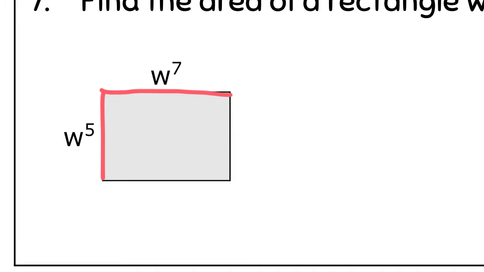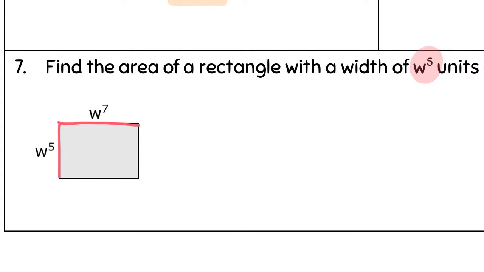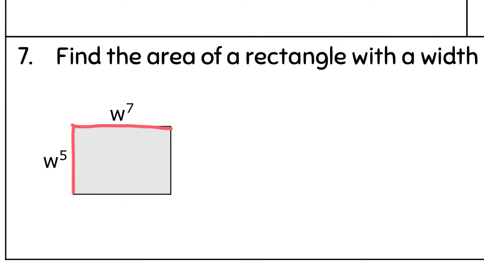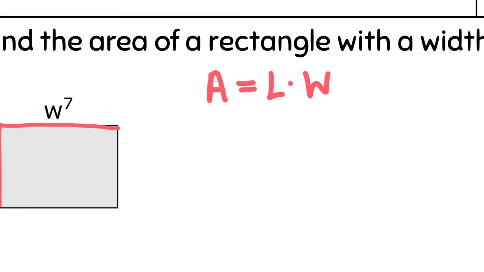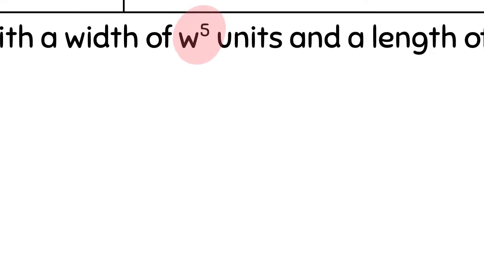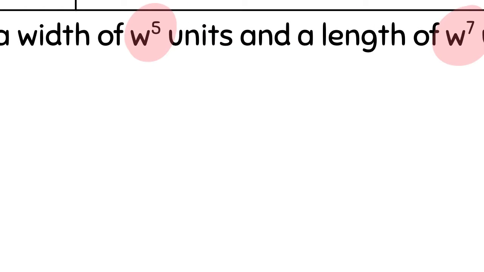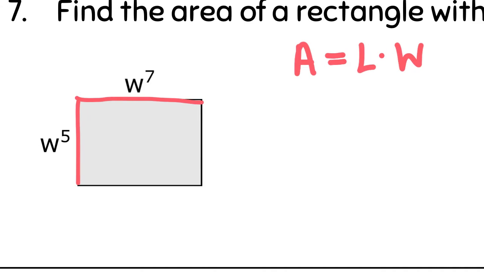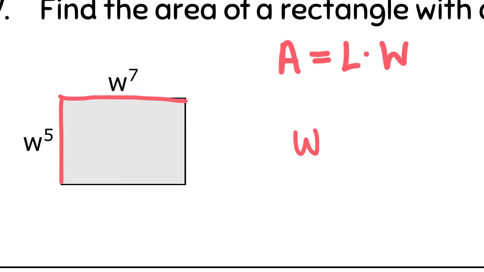The one thing that we have to consider here is the formula for area of a rectangle. The area of a rectangle is just length times width. So we're going to fill in the length and the width part with what we know. We know that the length is w to the seventh power, even just looking at my picture, and my width is w to the fifth power.